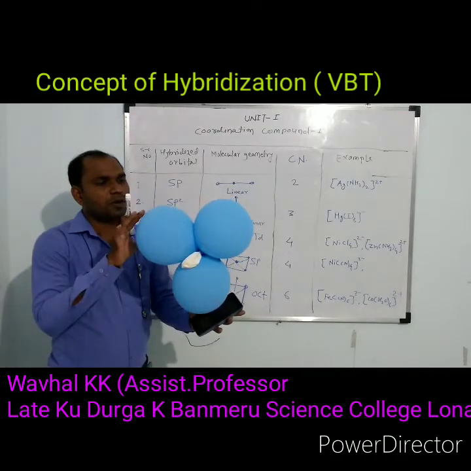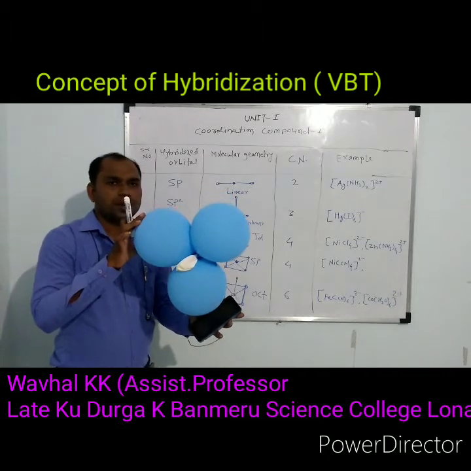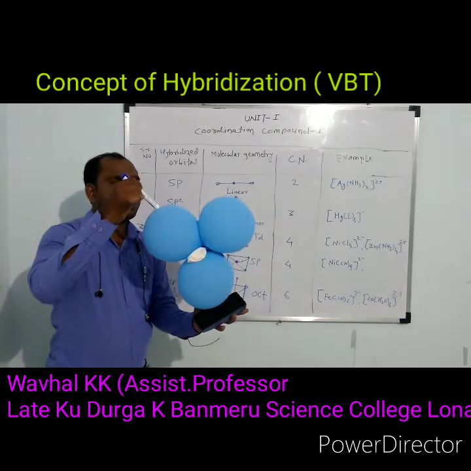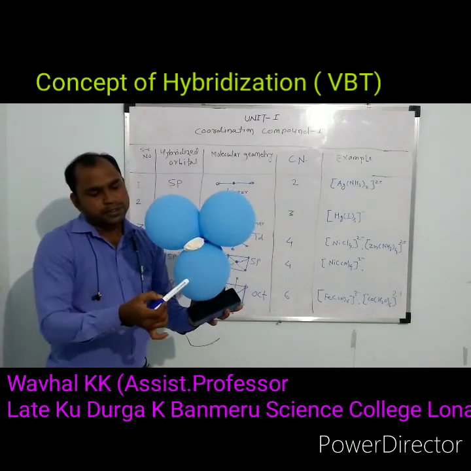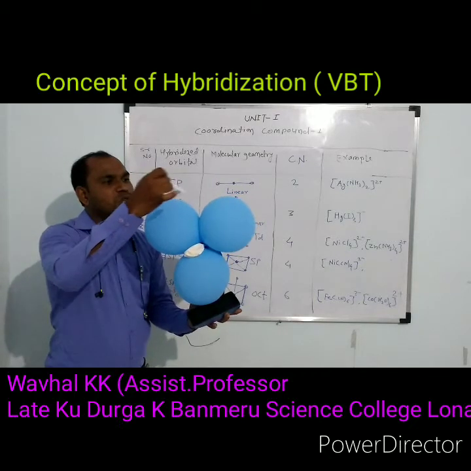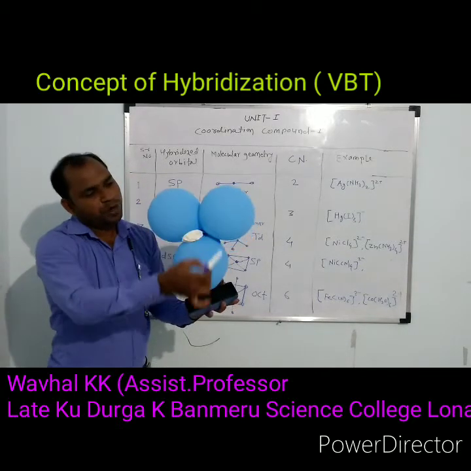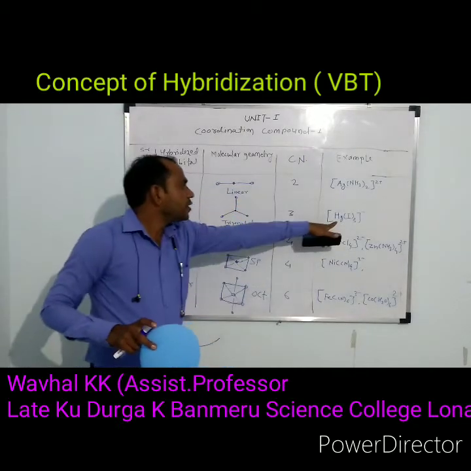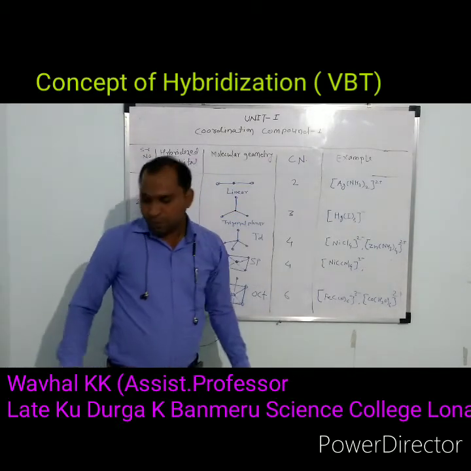In this way, this is called the trigonal planar geometry. This is a p orbital, this is a p orbital, and this is an s orbital, sp2, and the bond angle between these is 120, 120, and 120. An example of such geometry is HgI3 negative.